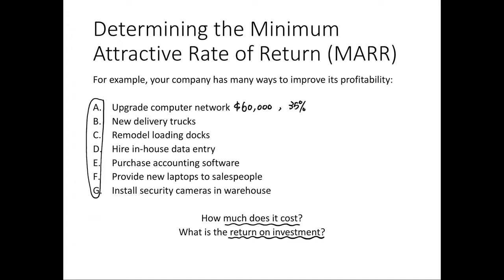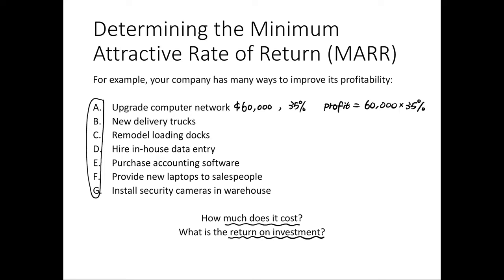So which means if you invest 60,000 to upgrade your computer network, then your profit would be 60,000 times that return rate. Okay, so this is going to be your profit.